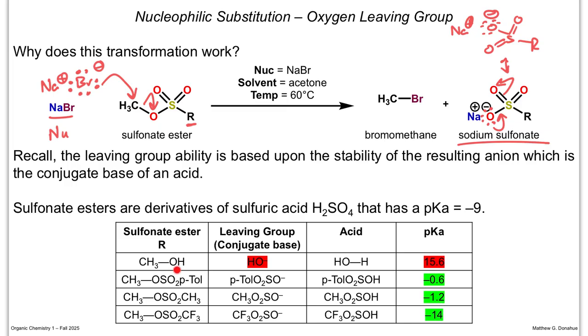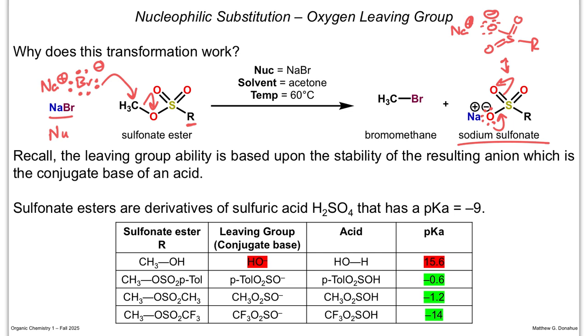So if we were trying to displace OH, that's a bad leaving group based on the pKa. But what is the R group? So this whole kind of thing stays the same, but we can change R to these different things.